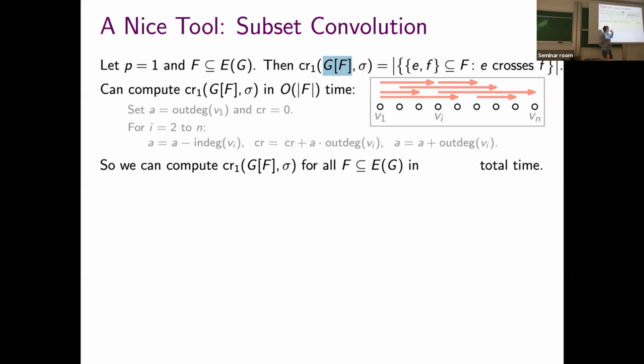There are 2 to the m subsets, and for each we need m squared time. So it's m squared times 2 to the m.